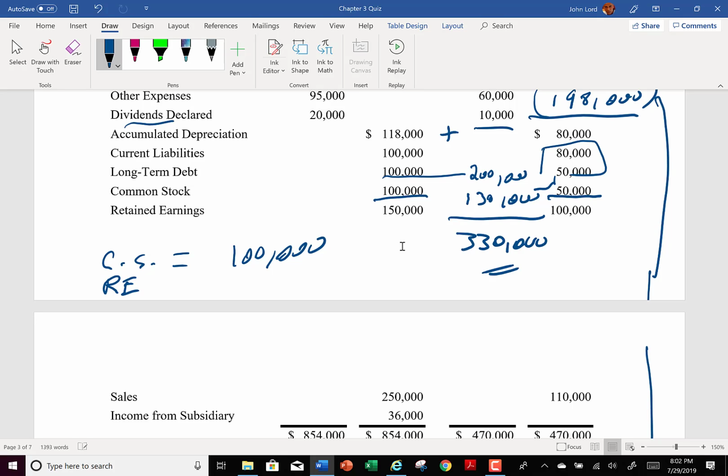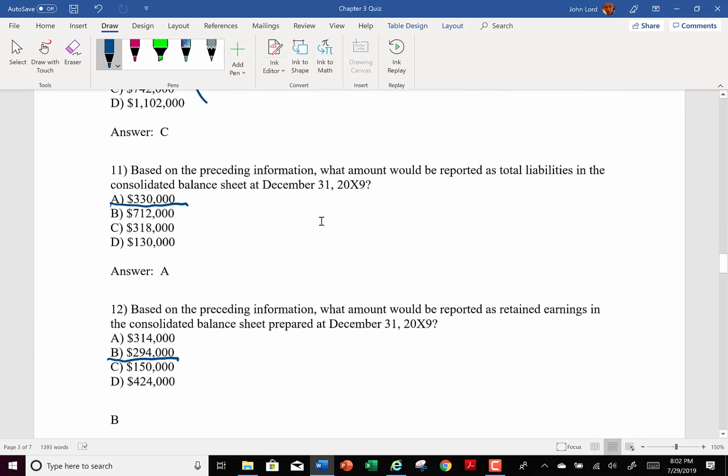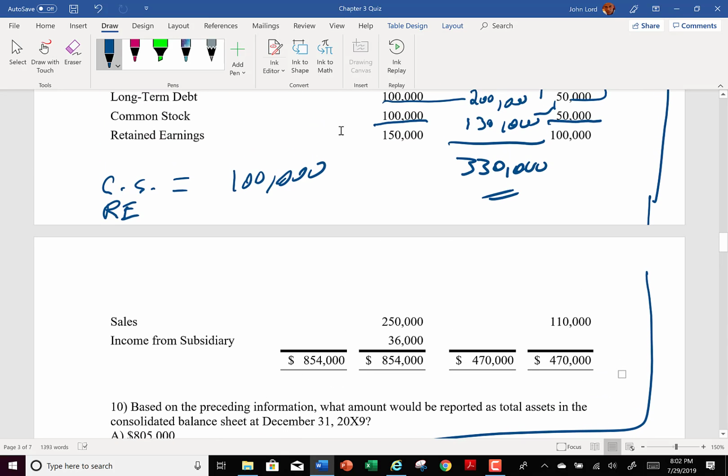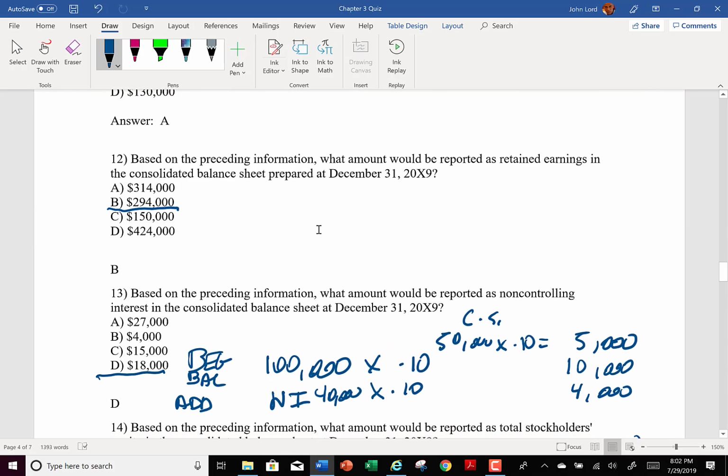I pick up that number from the previous problem, 294 was their retained earnings. We calculated that there. That's part of the consolidated stockholders' equity, right? The parent stuff. And then I have to pick up the non-controlling interest share of the stockholders' equity, which I had just calculated in the previous problem as 18,000.